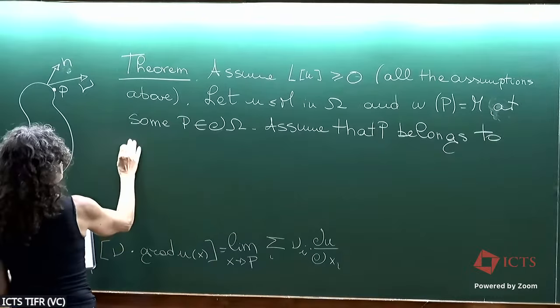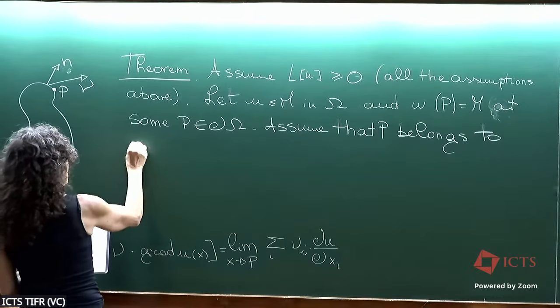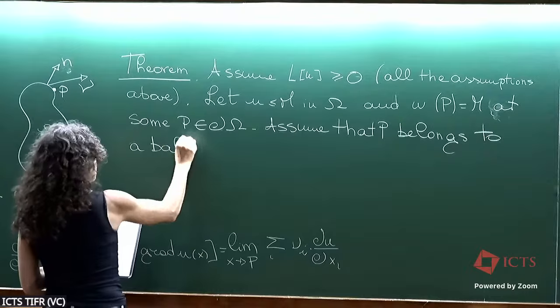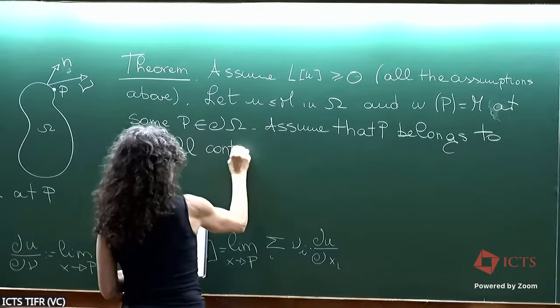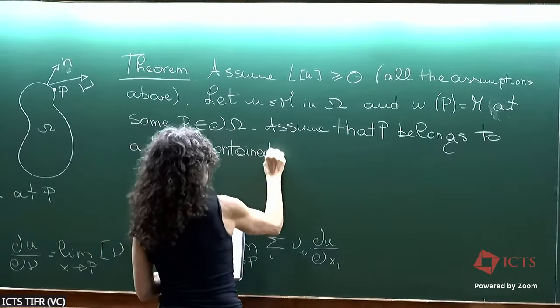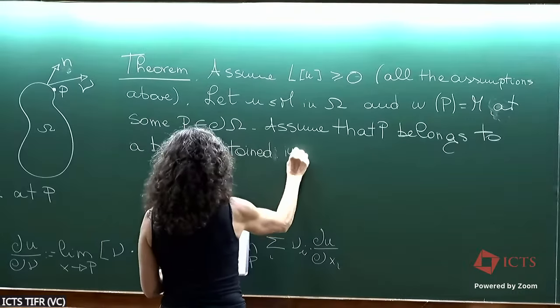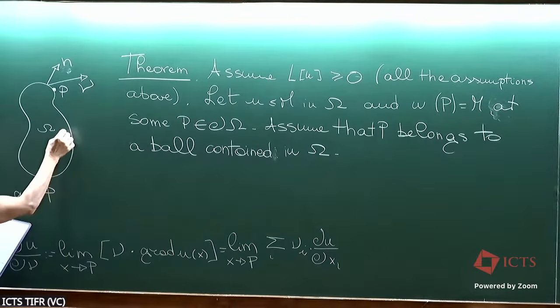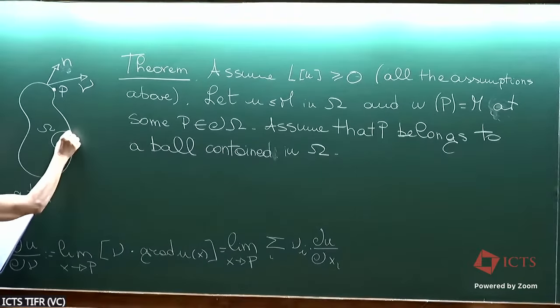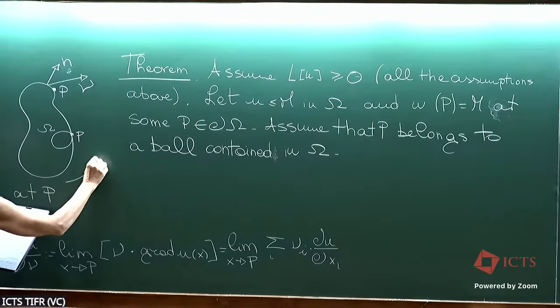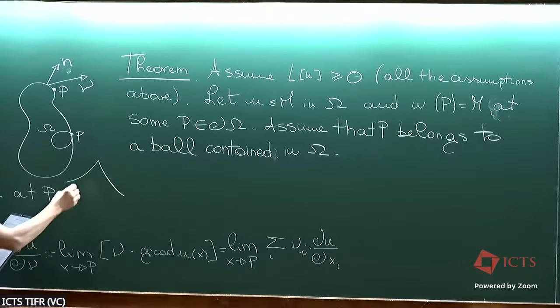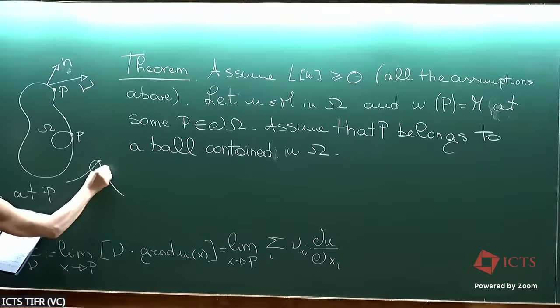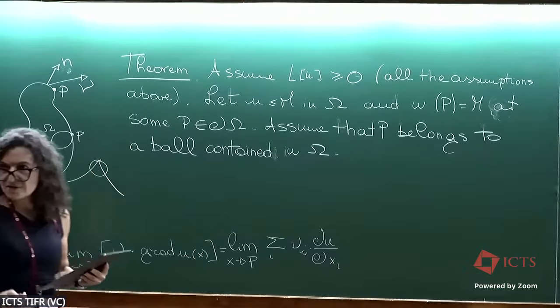So it belongs to a ball contained in omega, it's sufficient to say like that. I mean, you need that P is a point like that. It cannot be something like that. This is the interior ball condition, it's known as the interior ball condition.